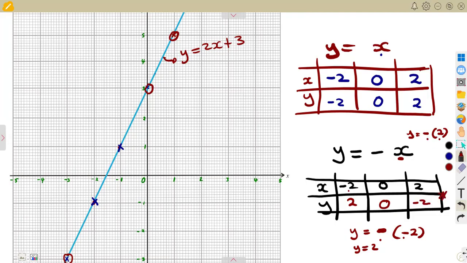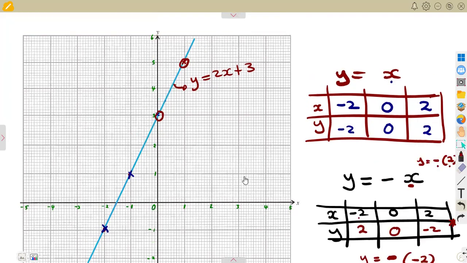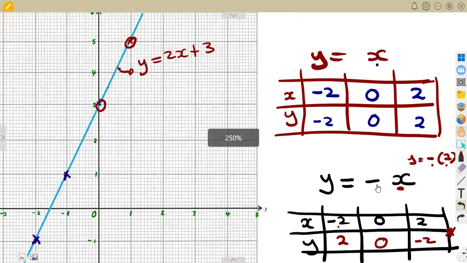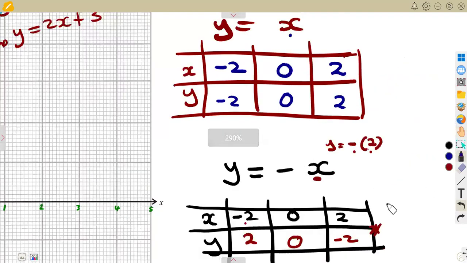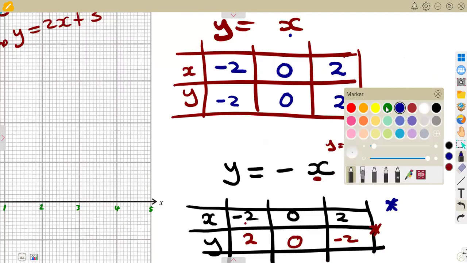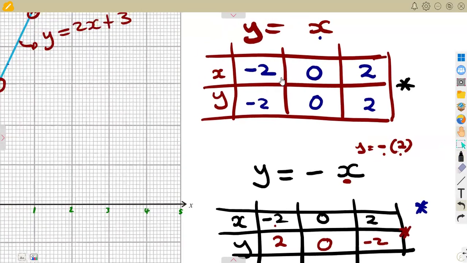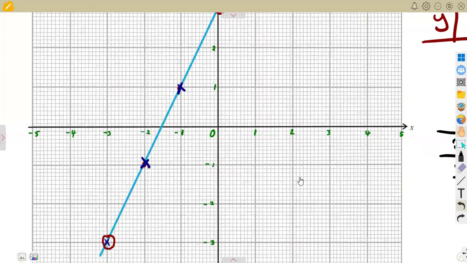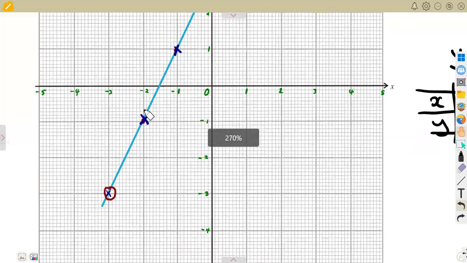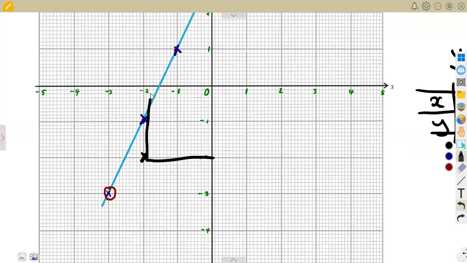All right, so let's conclude with y is equal to x. You are going to try to draw y is equal to minus x yourself, but let's do this one together. There are some properties that I want to explain at the end. When x is minus 2, we said y is minus 2. So let's mark the first point: minus 2, minus 2.